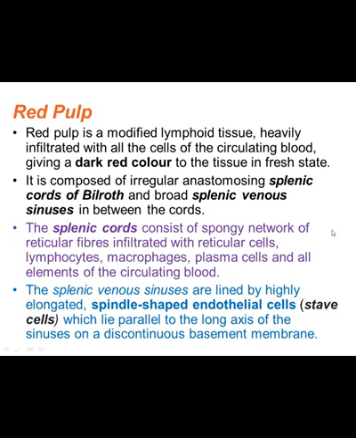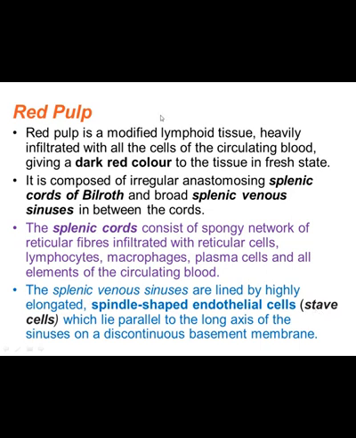What are the splenic cords? The splenic cords of Billroth basically are a spongy network of reticular fibers which are infiltrated with reticular cells, lymphocytes, macrophages, plasma cells, and all the elements of the circulating blood. And the second component, the splenic venous sinuses, are lined by elongated spindle-shaped endothelial cells which are called stave cells.